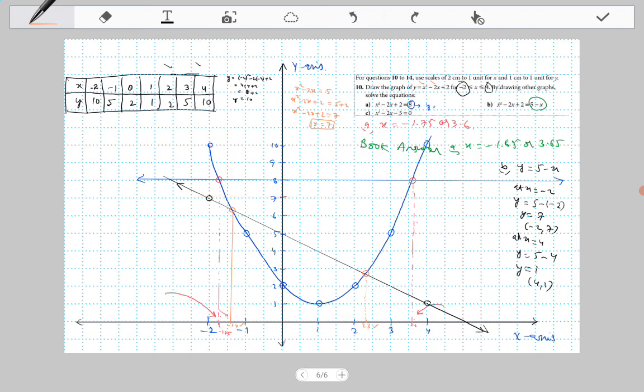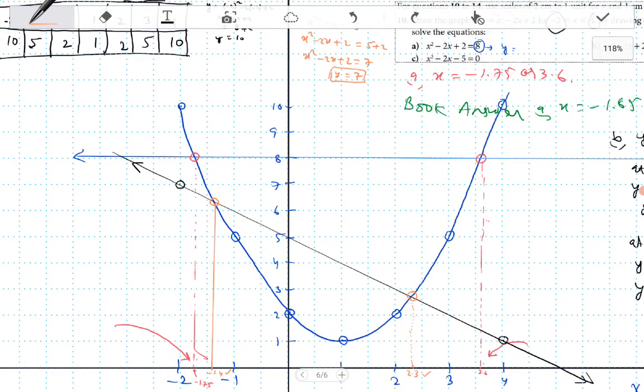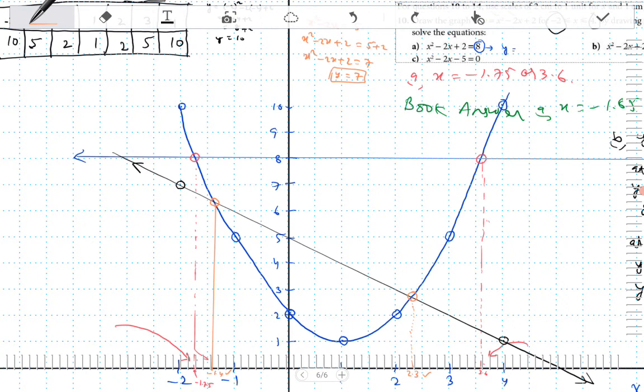Let me draw it again. Now it's better, but still I feel difficulty in sketching straight lines on graph because of this screen. It's quite slippery. So where these are intersecting, those are my answers.